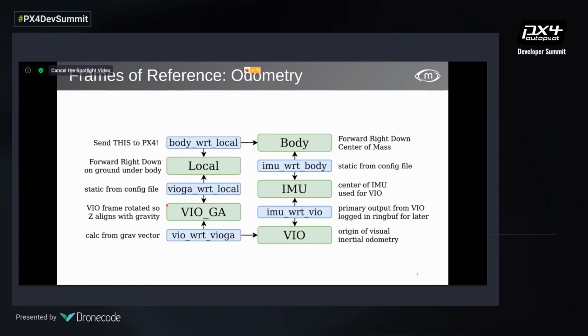You'll then also have to rotate to local frame, which is most likely going to be the opposite of IMU with respect to body. So you'll have to undo this twice. You'll have to go from IMU to body and then VIO to local. And then this is an optional step to go between VIO and VIO gravity aligned.